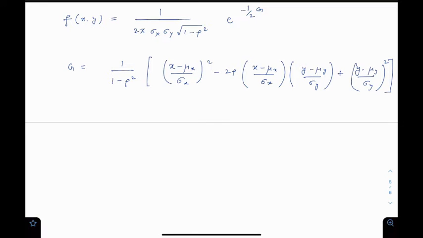Now we get contours of constant probability density by setting the exponent equal to a constant. And these are called covariance ellipses.